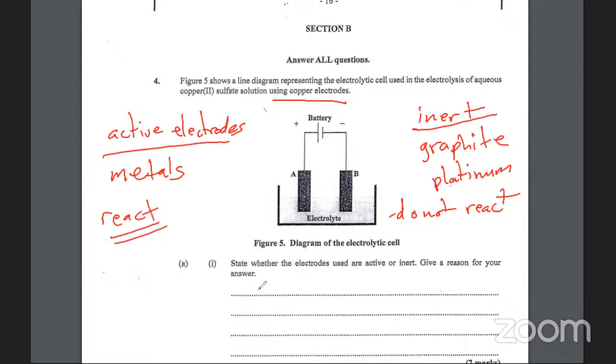State whether the electrode is active or inert. Active. By react, at the anode it will be oxidized.